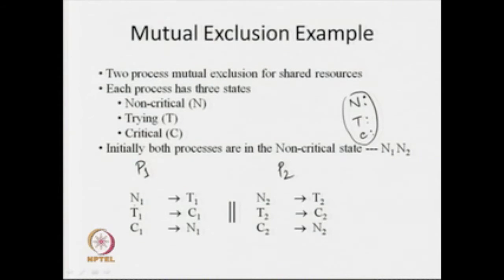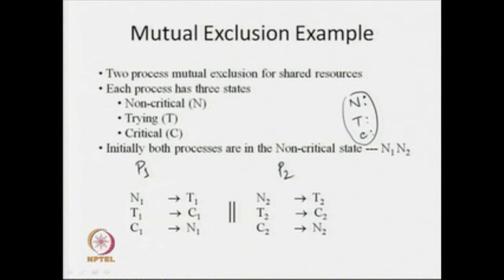If it is in N 1, it is in its non-critical section. At some point of time it may go to the trying state, that means it tries to enter the critical section, and it is going to access the shared resources. Now, if it gains the shared resources, it will go into the critical section, that means it is going to use this particular shared resource exclusively.